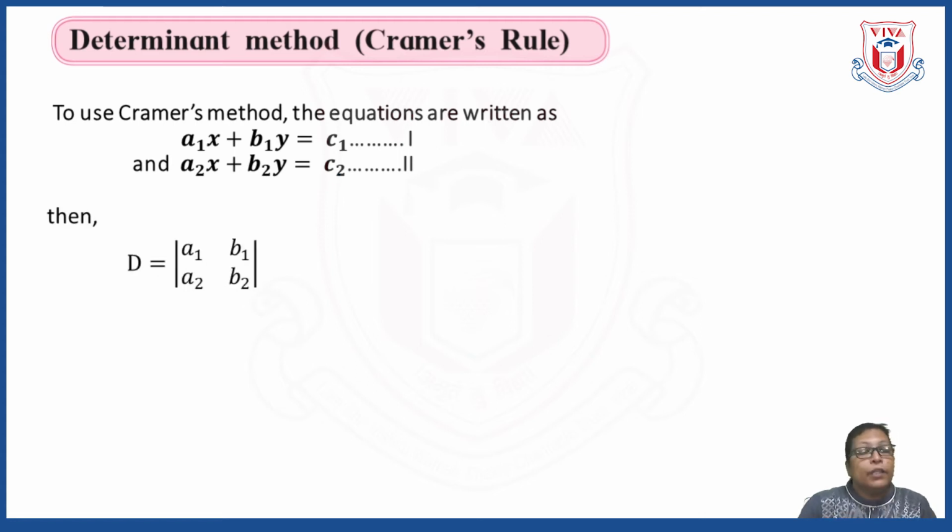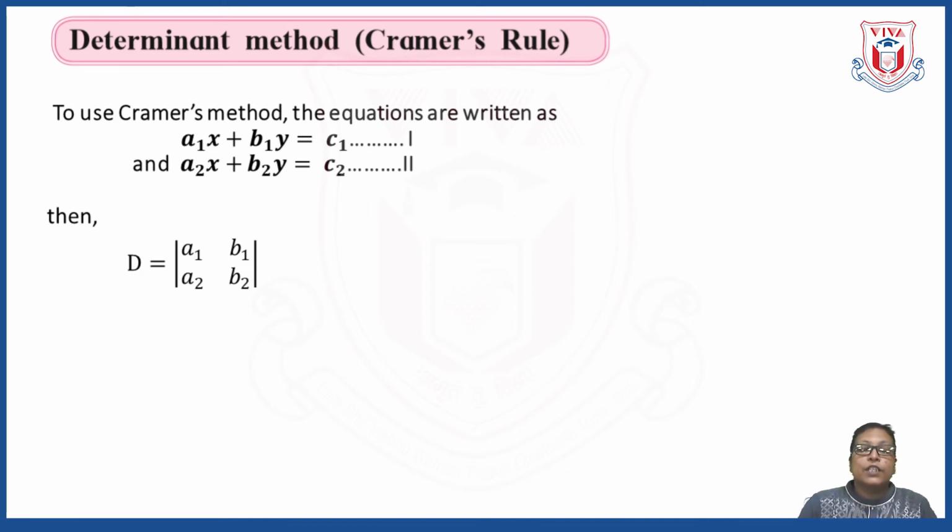Determinant D you have to write as a1, b1, that means coefficients from equation 1, and in the second row you will write down coefficients from equation 2. You will not think of the right hand side when you are writing D. So D is a1, b1 and a2, b2. You have to write down all these four numbers.